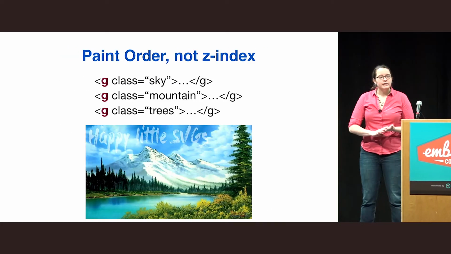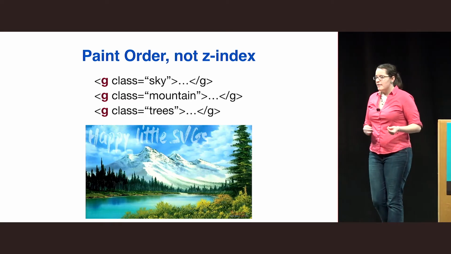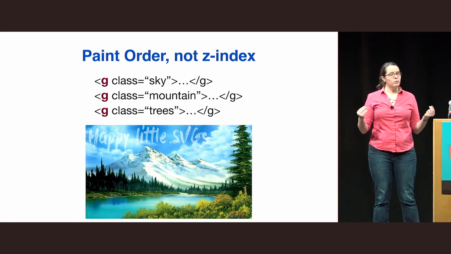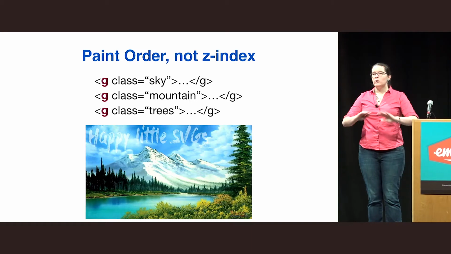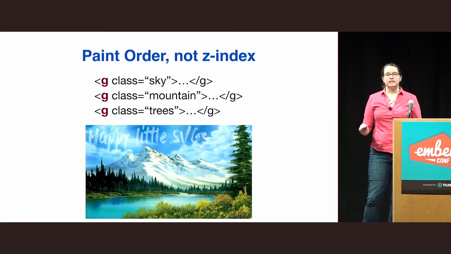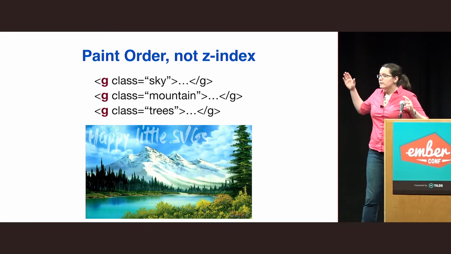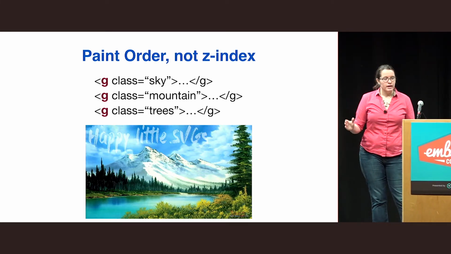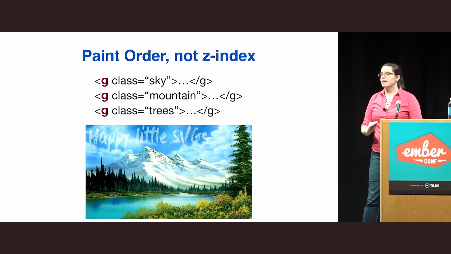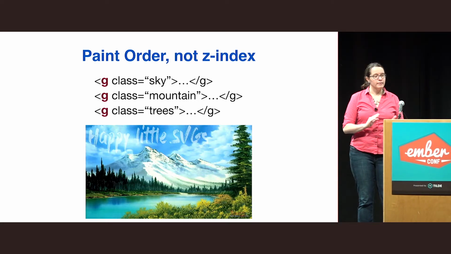Finally, you need to understand what it means to say that SVGs follow paint order. There is no such thing as z-index when you're working with plain SVGs. So whatever is lowest in the DOM is what forms the top layer that's visible to the user.